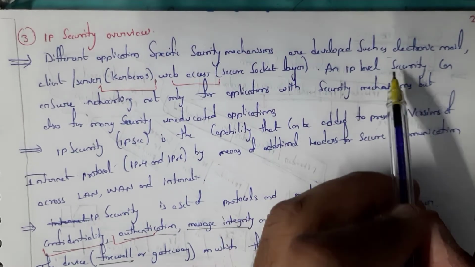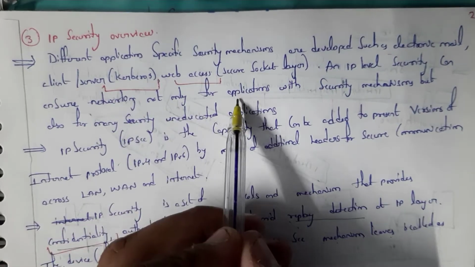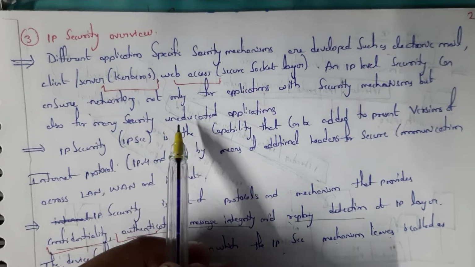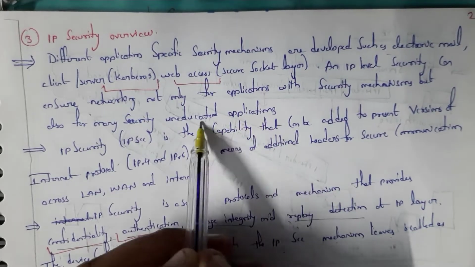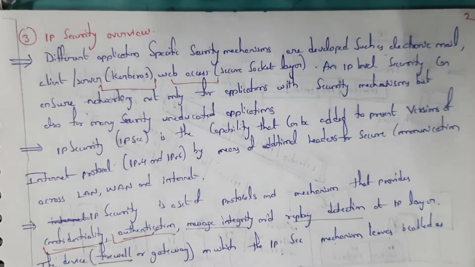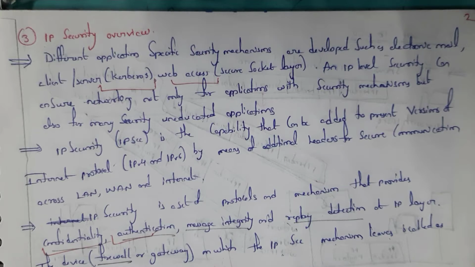An IP level security can ensure networking not only for applications with security mechanisms but also for many security unaware applications. The name itself says IP security means internet protocol security. It provides security to internet.